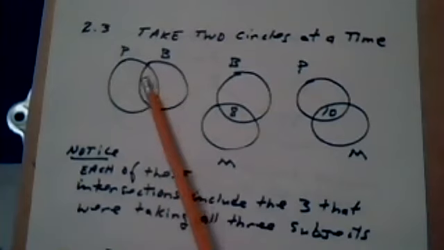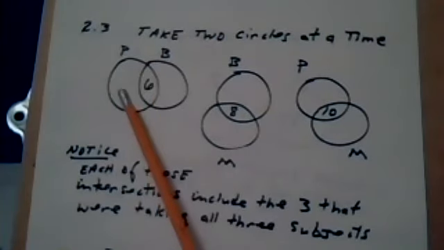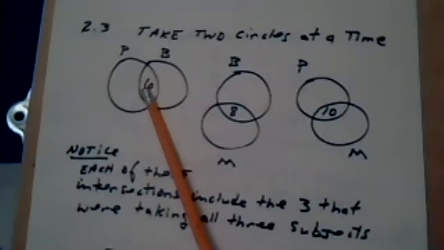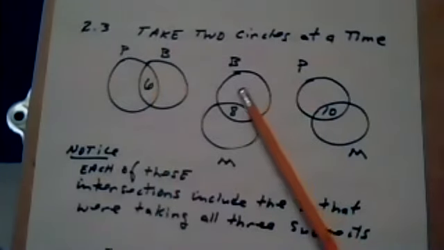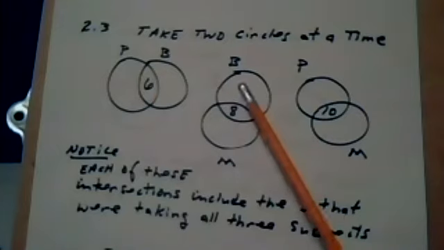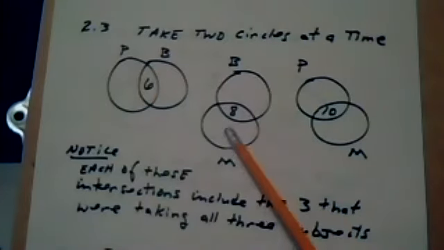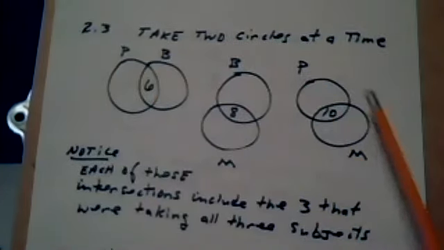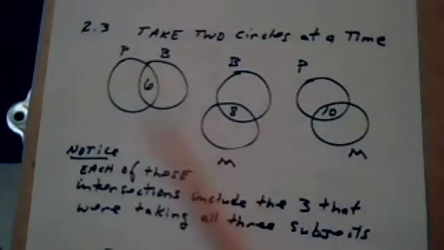So now you know that the 5 plus some other number should give you the 6. So the other region would have to be a 1. So now look at your list, and it says biology and math should have 8. Physics and math should have 10. Each of these intersections includes the 5 that were taking all 3 subjects.